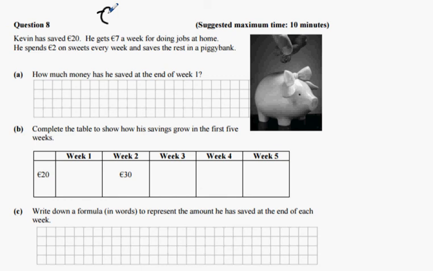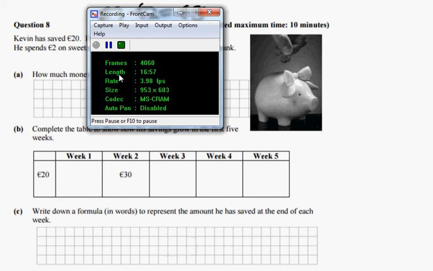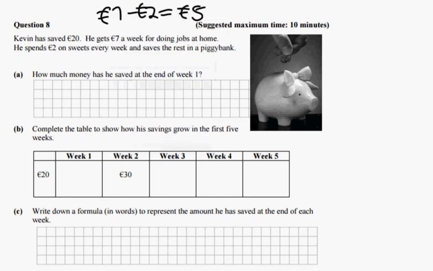You get 7, but then you have to take away 2 because you spend 2 of it on sweets, okay? What we get here is how much money you saved at week 1. So we add on €5 and we get 35, 40, 45. What type of sequence is it when it goes up in fives?